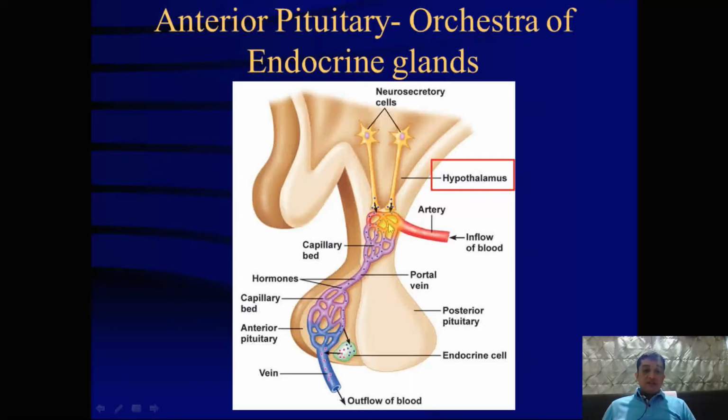Now if these hormones are directly put into the veins and into the systemic circulation, they will be unnecessarily diluted. You have approximately 5 liters of blood in the body, so they would be diluted because these are released in nano quantities. The quantity is very small. So if they directly move into the circulation, there will be dilution of the hormones.